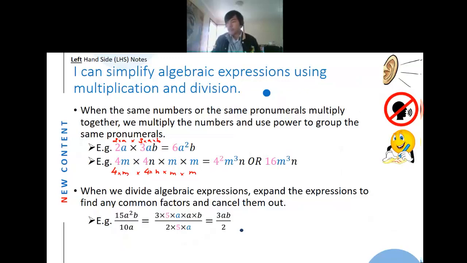And then we got m times m times m, so m times itself 3 times. That's m cubed. And then the letter n by itself. Or you can also write this as, well, 4 times 4, we know that's 16, so you can write this as 16 m cubed n.